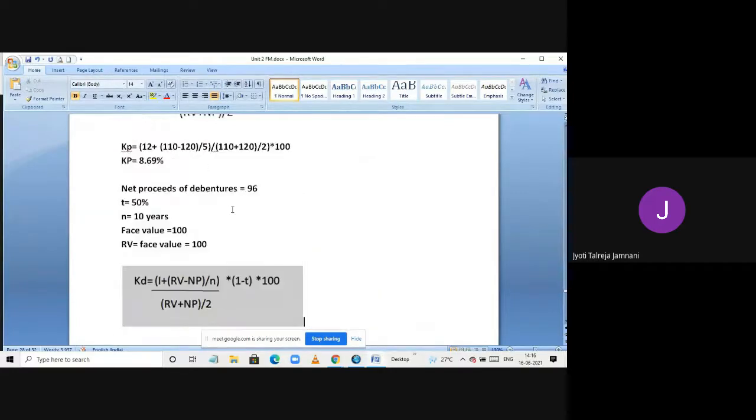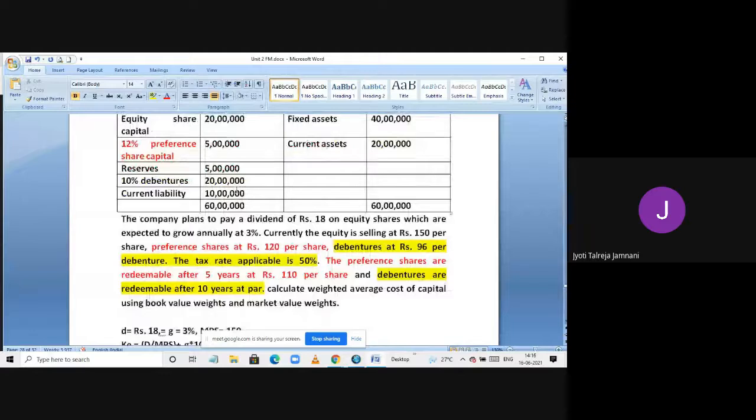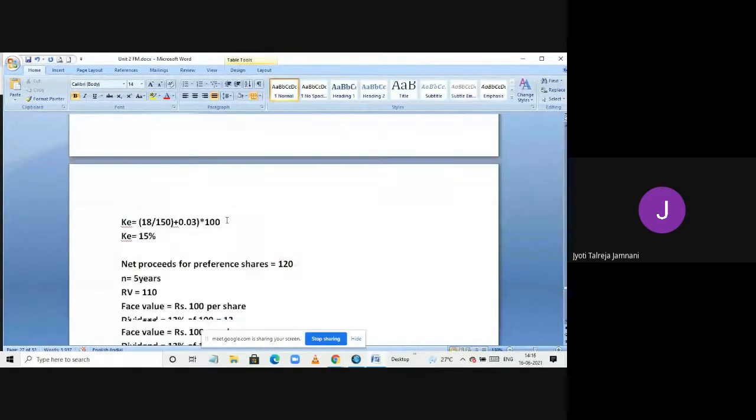This is the formula. Interest is there in the balance sheet. Let's highlight it in yellow. 10% debentures. So 10% is the interest rate that we have to take. We don't know per debenture value, so we have assumed face value to be 100. On 100, we will take 10% as debenture interest.